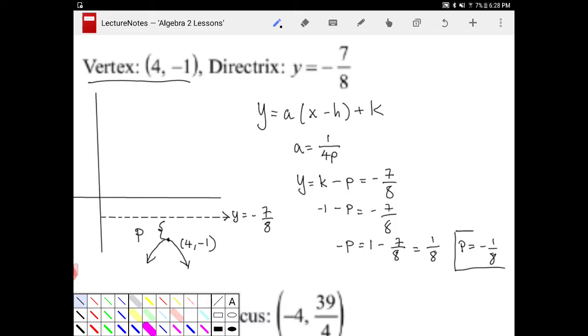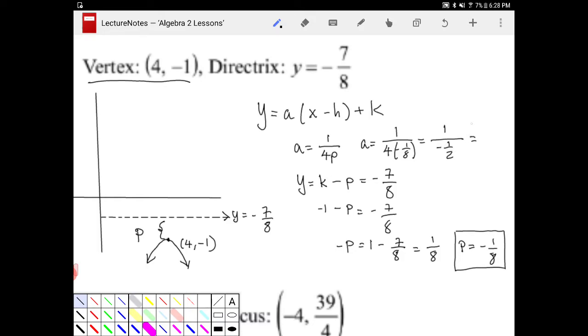So again, the mathematics itself is telling us that a has to be a negative number. So I have 1/4 times -1/8, or in other words, this is 1 over -1/2, because 4 times 1/8 is 1/2.